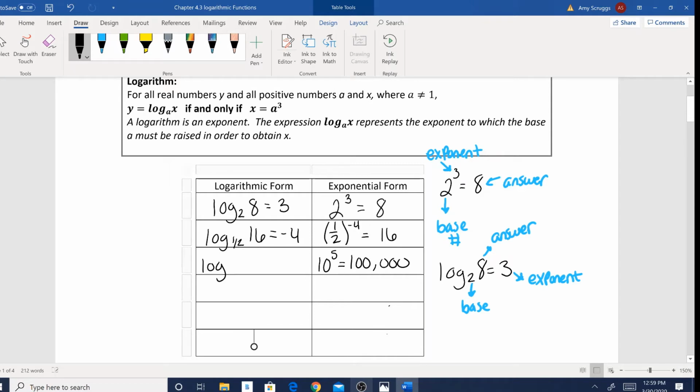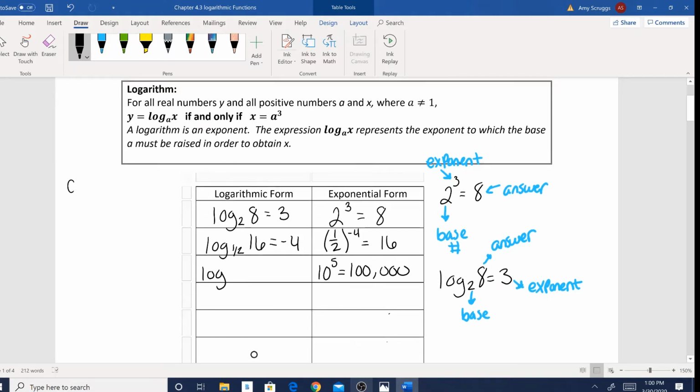By the way, I want to make a note of something. If you get a log base 10, that is considered to be a common logarithm. Let me write this right here. A common log is anything with a base of 10. So if you get a base 10 like this one, you don't actually have to write it at the bottom like I just did.